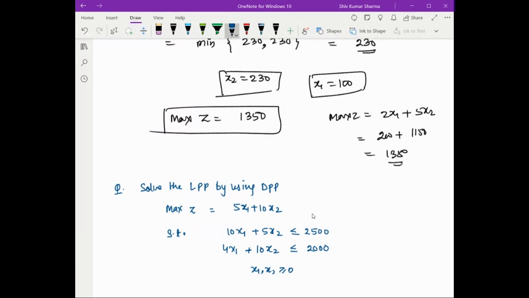So this is the next problem. We have to follow the same similar pattern to solve this problem.